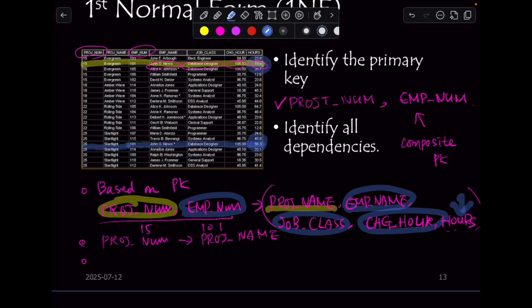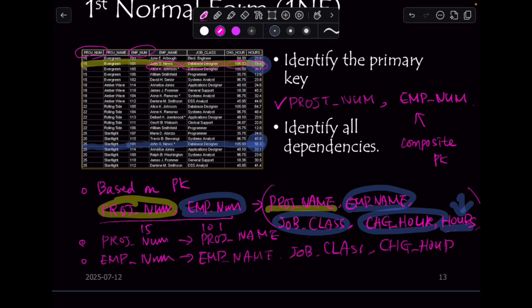So let's write down here, employee number, which is a part of the primary key, can determine employee name and the job class and the charge hour. So using each component of the composite primary key, we can find those two additional dependencies.